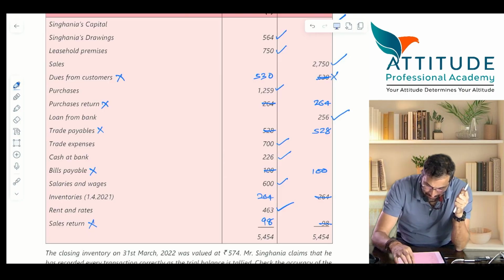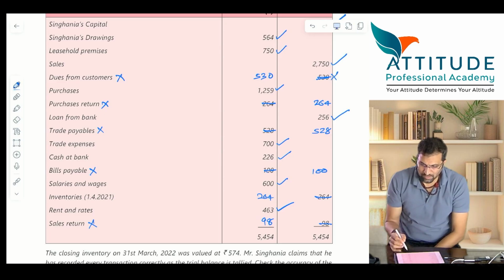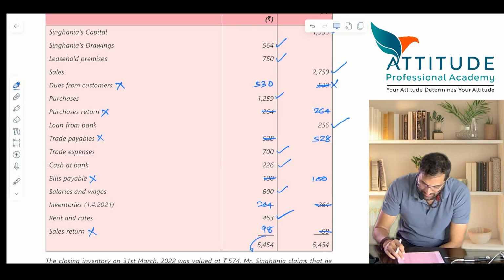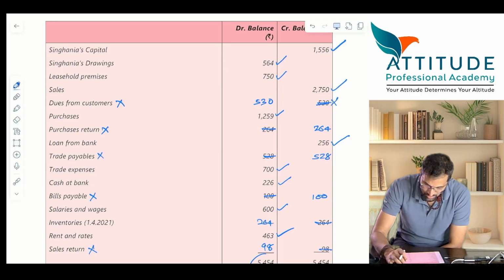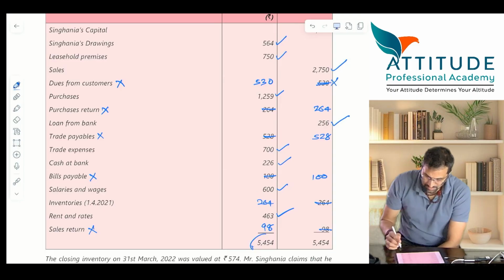अभी एक corrected balance sheet का correct total बताओ मैं. 564 plus 750 plus 530 plus 1259 plus 700 plus 226 plus 600 plus 264 plus 463 plus 98. 54. अभी इस साइड देखो, इधर साइड भी 5454 आना चाहिए. माइनस 1556 माइनस 2750 माइनस 264 माइनस 256 माइनस 528 माइनस 100 हो गया 54.